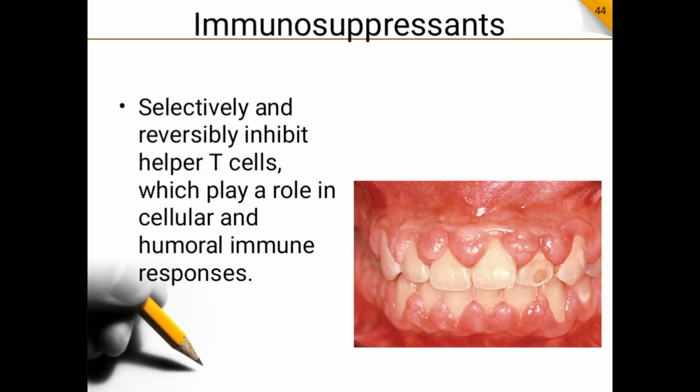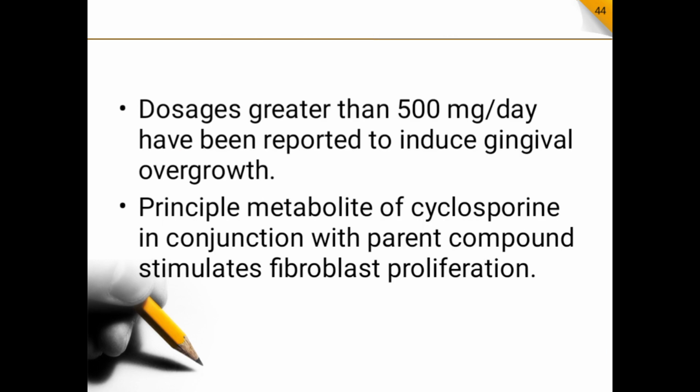Now, immunosuppressants, of which we mostly read cyclosporins, and their severity and reversibility. They reversibly inhibit the helper T cells, which play a role in the cell-mediated immune response. A dosage greater than 500 milligrams per day has been reported to induce gingival overgrowth.